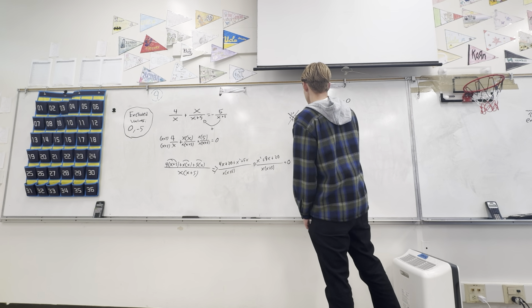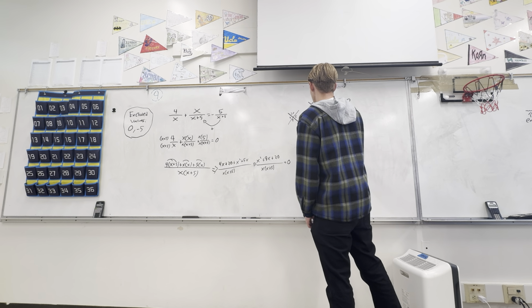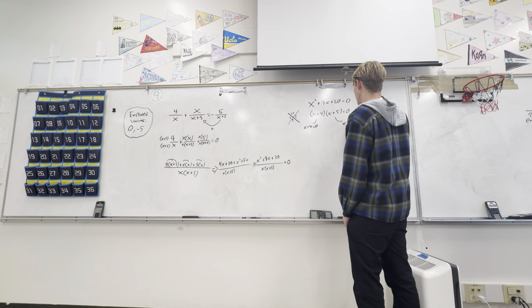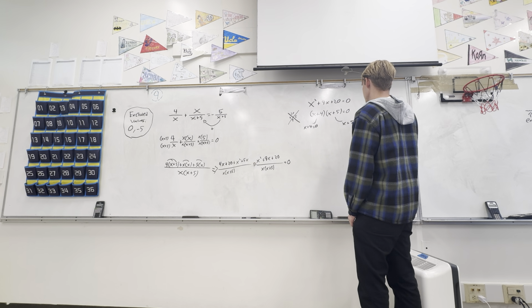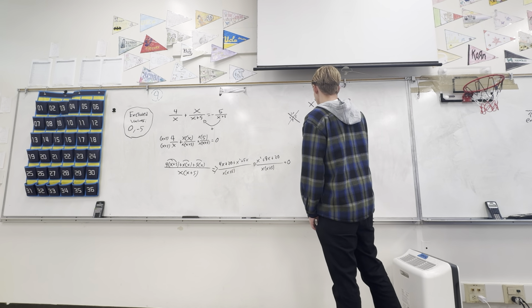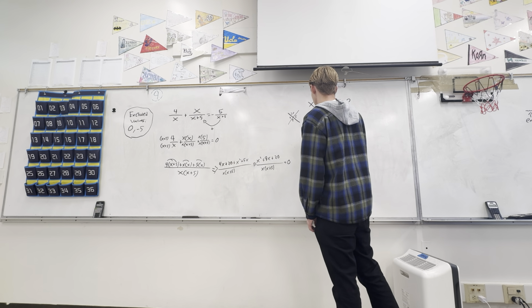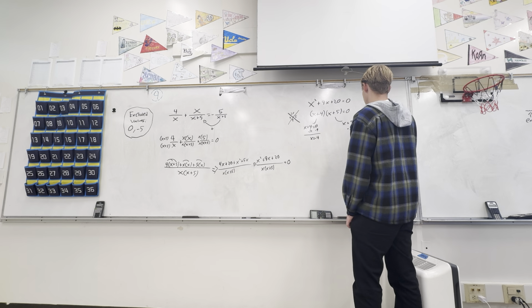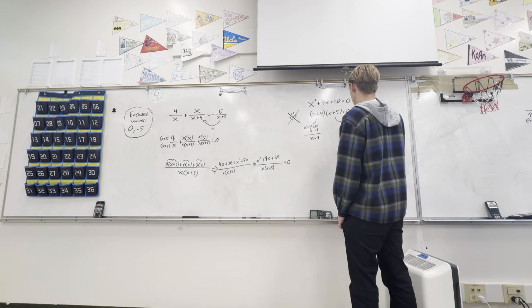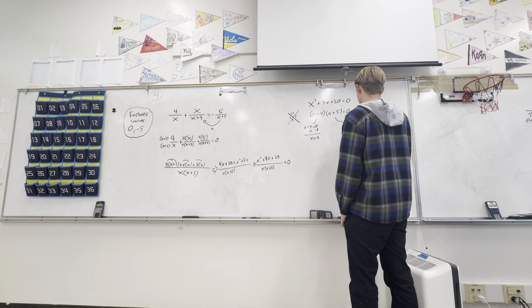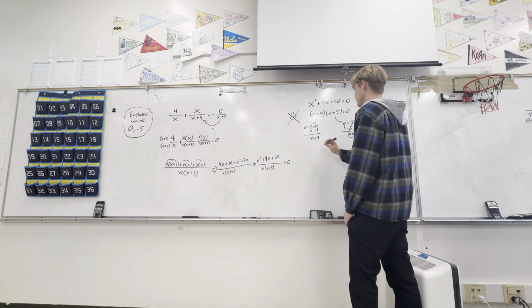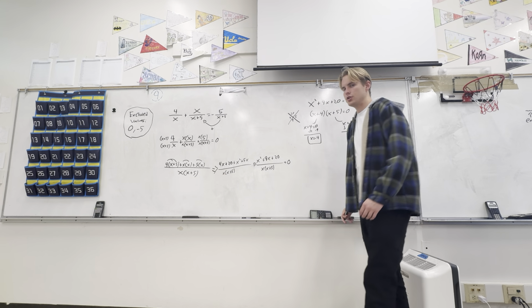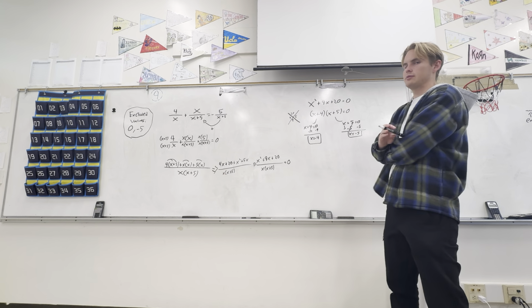So we have x plus 4 equals 0, x plus 5 equals 0. So we got the answers -4 and -5.